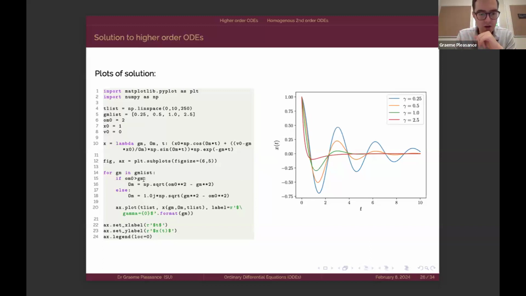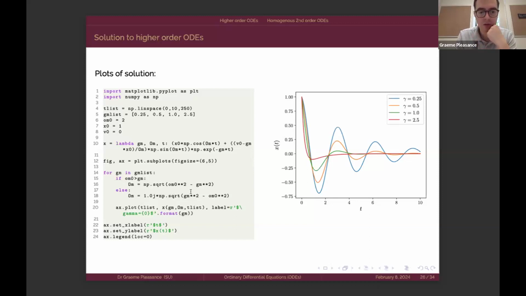Just to clarify, in this for loop I made sure to be careful with an if statement. I say, if omega naught is greater than gamma, then omega has this value. If the opposite is true, so if gamma is greater than omega naught, then I define it in this way.